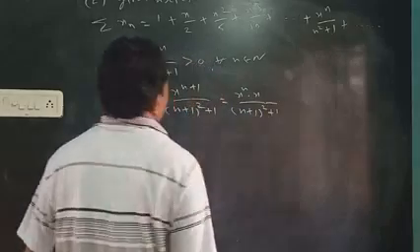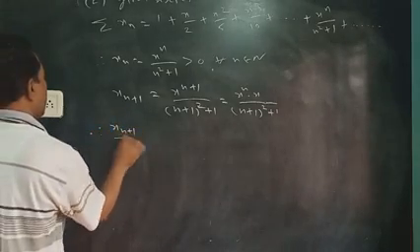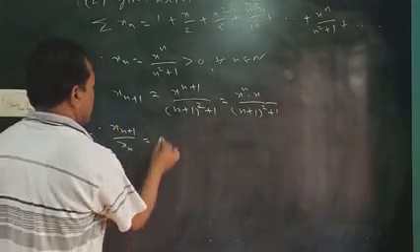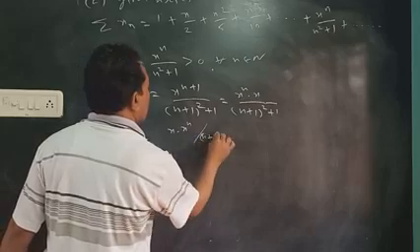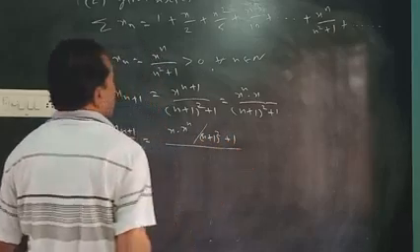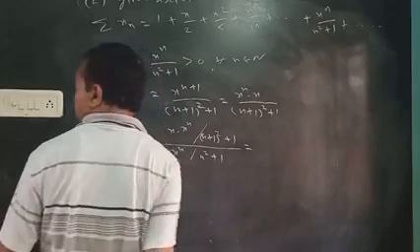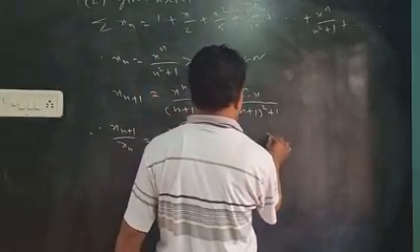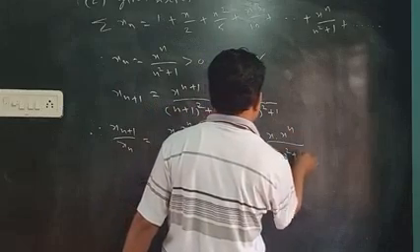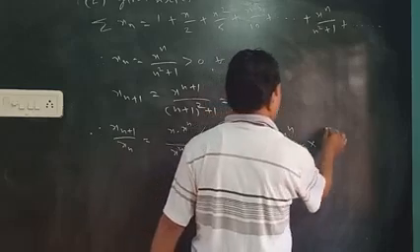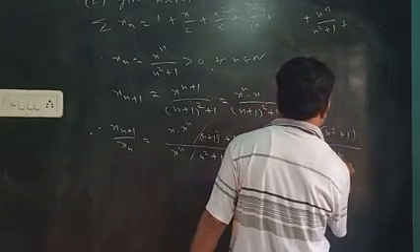Now the ratio x_{n+1} upon x_n will be x times x raised to power n divided by (n+1) whole square plus 1, upon the original x raised to power n upon n square plus 1. This is the same as x raised to power n divided by (n+1) square plus 1, cross the opposite, n square plus 1 divided by x raised to power n.